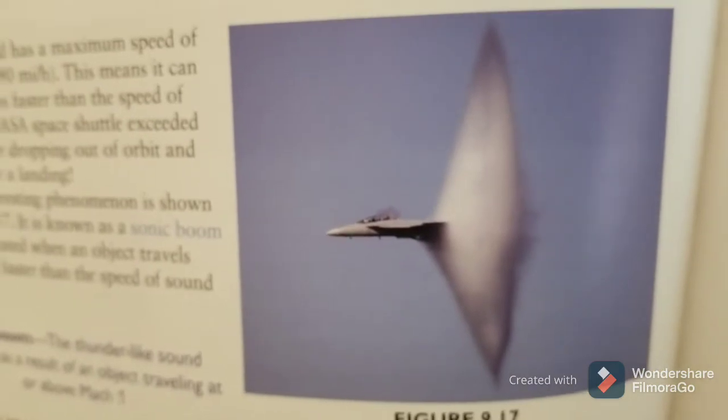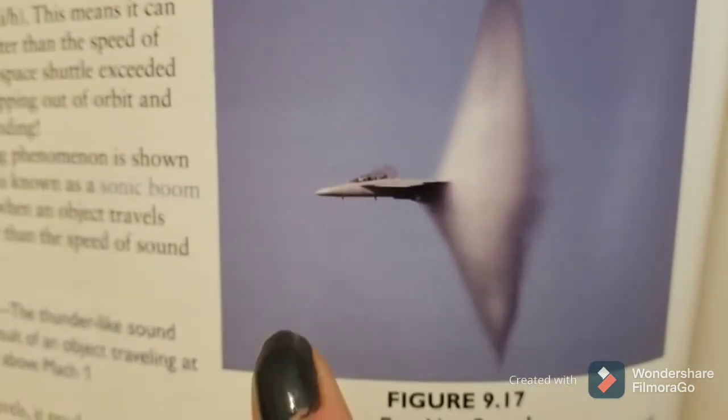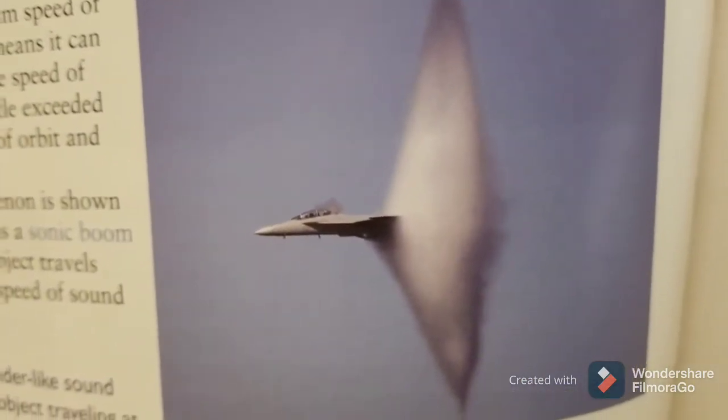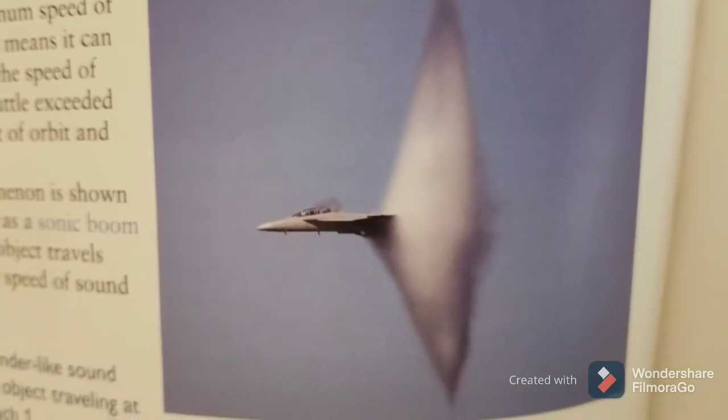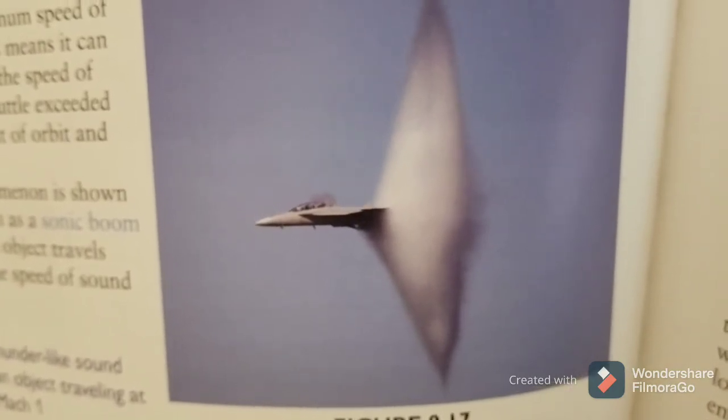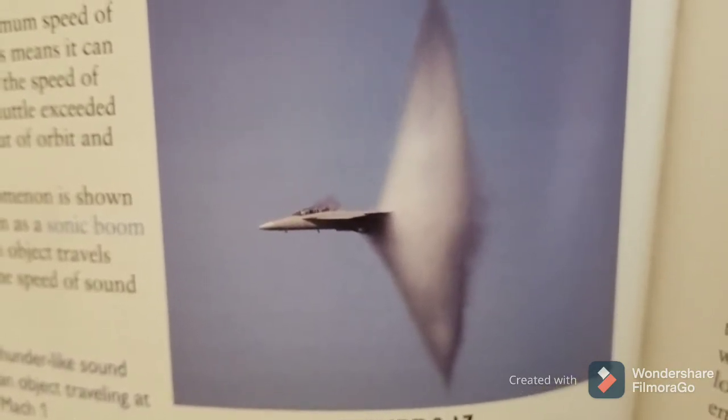All right, so what's happening is that as this plane is traveling, these waves make a wake just like a boat would in the water around it, only of pressure waves. So it's making these waves as it goes along the air.